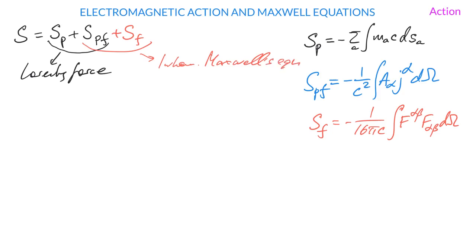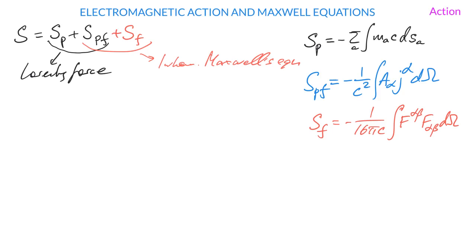For this, we need to vary the sum of S sub pf and S sub f with respect to the field variables, that is, the components of the four-potential. The first term, S sub p, does not affect that variation at all because it does not depend on the field variables, so it will drop out. So let's do this variation and find those last two Maxwell's equations. We need to follow the standard program.